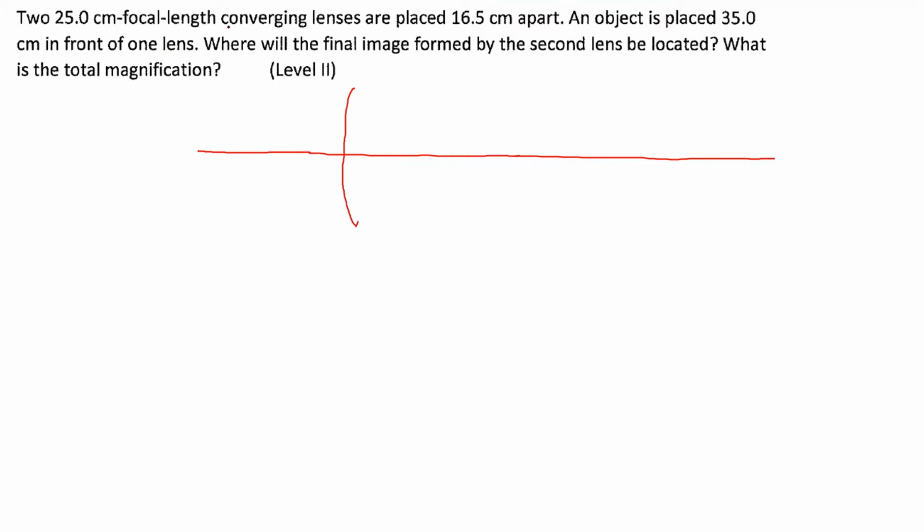Okay, so there are 2 converging lenses, one after the other. One lens, and we have another lens. And the f of both the lenses is 25. Since it's converging, they are positive values.